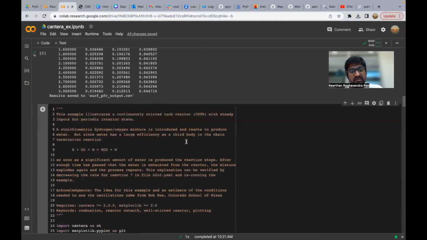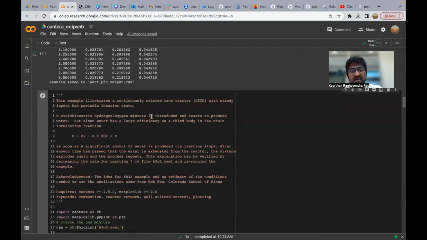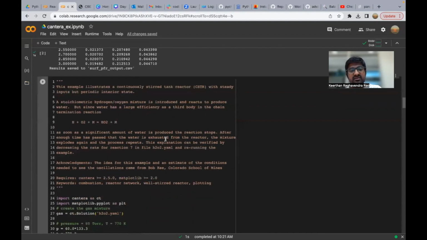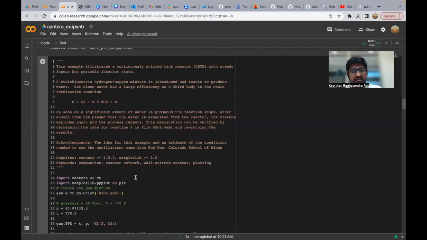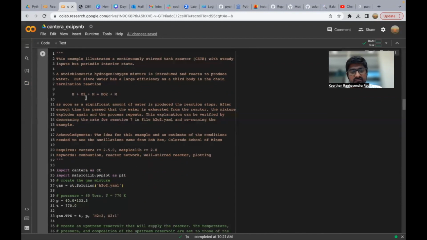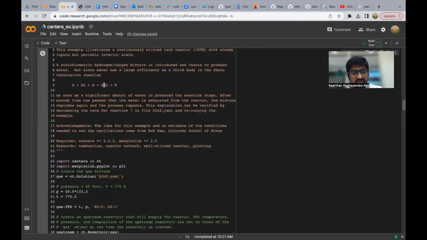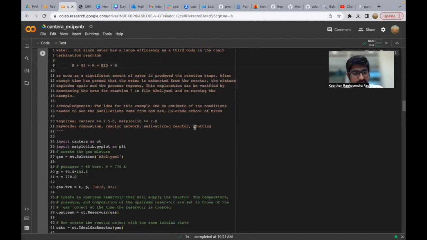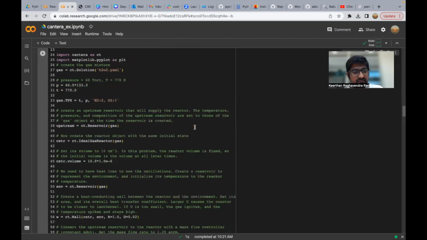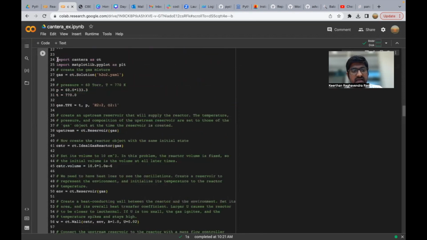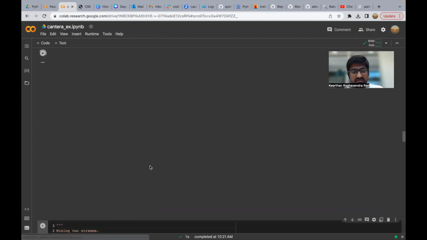Then there's another example for a CSTR with steady state inputs and periodic interior state. This is for the formation of H2O. So this is their code. The way you work with this package is you import Cantera, and then you use any other package that you want to run this code. Let's quickly look at what this does.